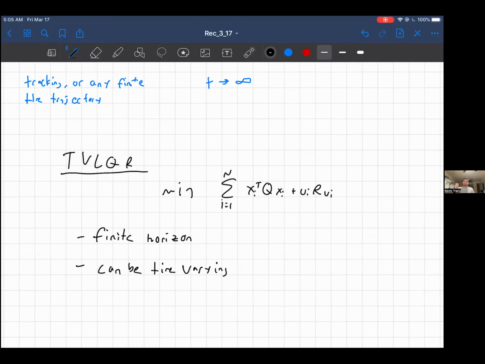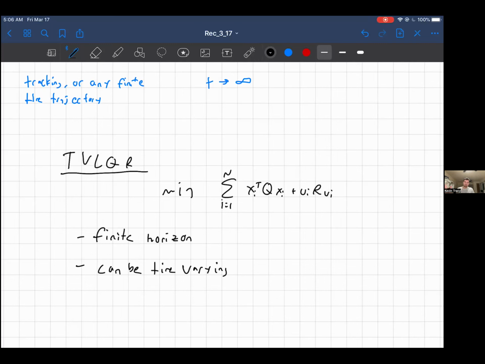There's also a little bit of subtlety here. The reason that this can be time varying is totally fine. Time varying linear systems are fine for us. But people would ask, why can't I do time varying LQR for the infinite horizon case? If you think about it, how would you express this thing as a function that just varies in time forever? You wouldn't have a list of A's and B's at different time steps from t equals 1 to infinity.